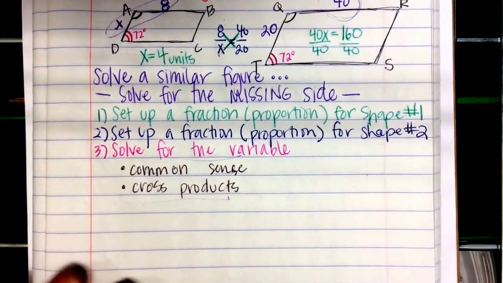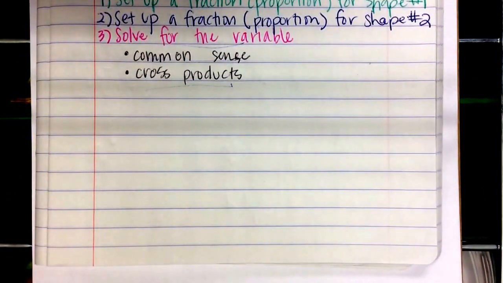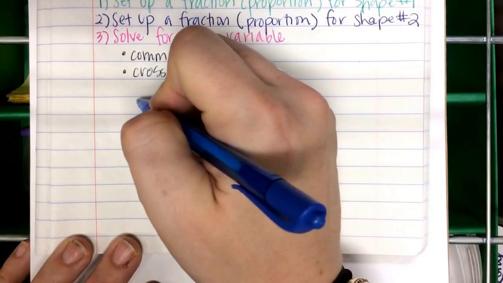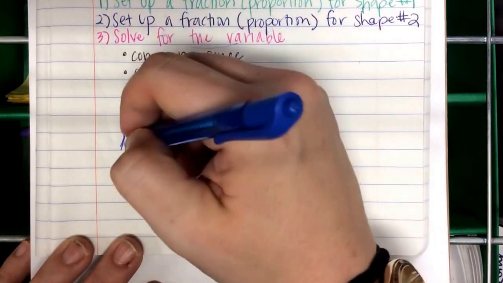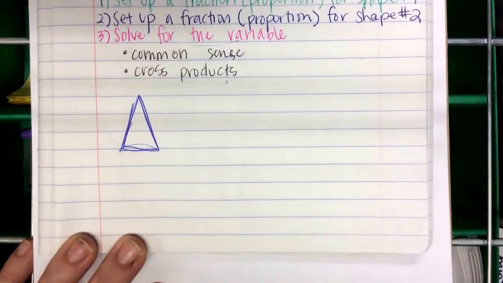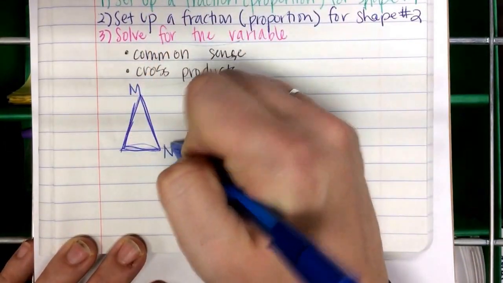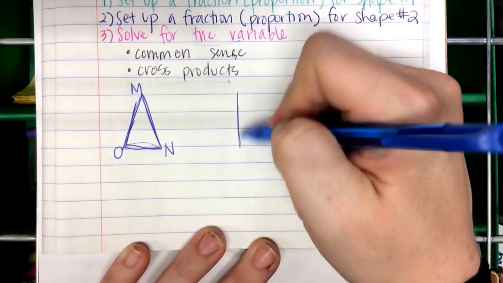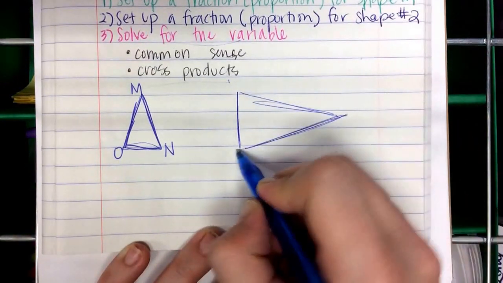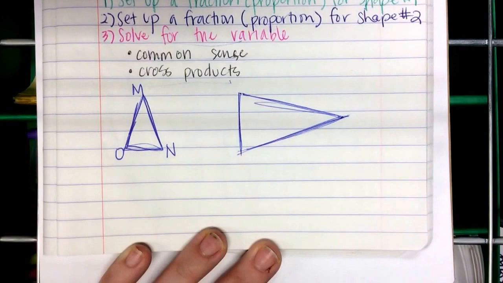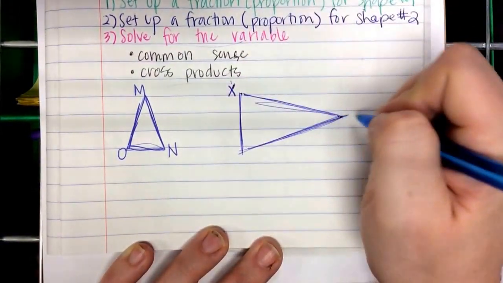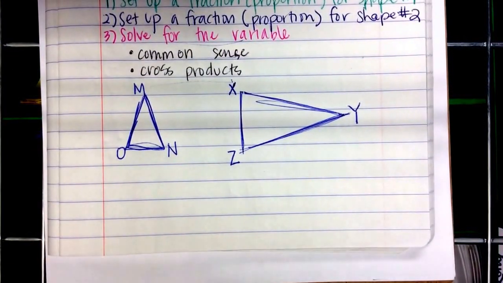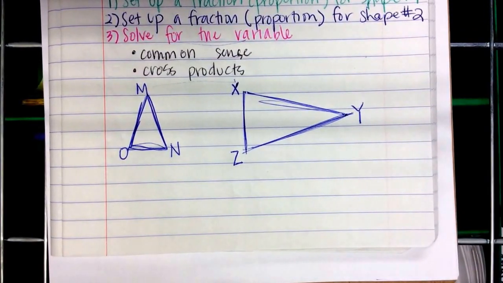Let's do another picture. M-N-O. X, Y, Z. And these are going to be similar shapes.